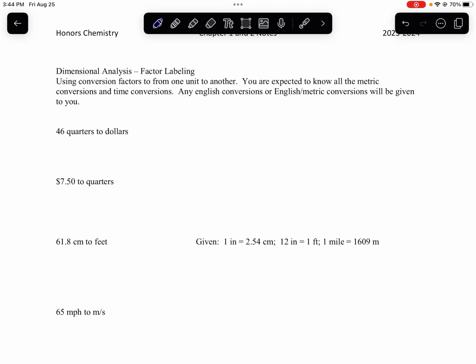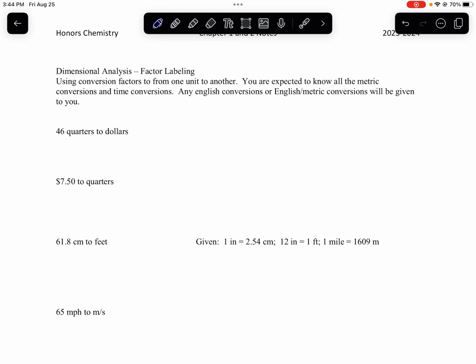Okay, this is a good way for us to set up our problems so that we can keep track of units, and make sure that we end up with the proper units in our final answer. It's a very powerful tool for chemists to use. So I'm not going to always make you use it.